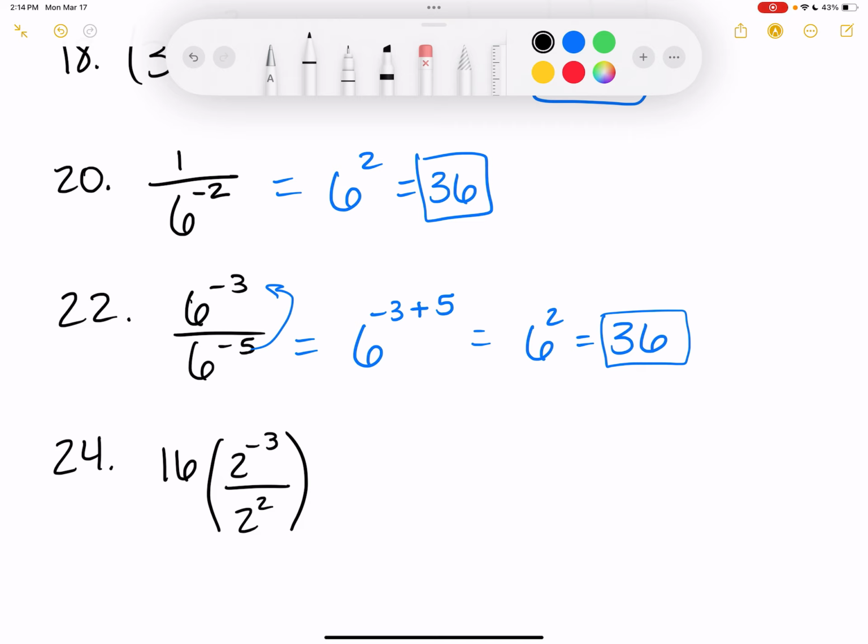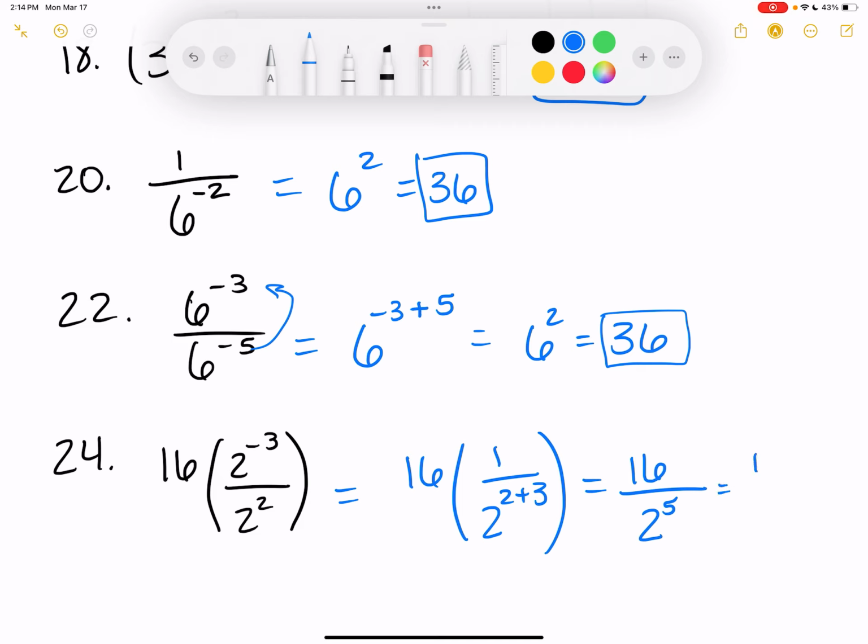Put it where it ain't and make it positive. That 16 outside the parentheses is going to stay there, times 1 over 2 squared plus 3. So this is going to be 16 over 2 to the 5th. What's 2 to the 5th? 32. So this is 16 over 32, which reduces to 1/2.